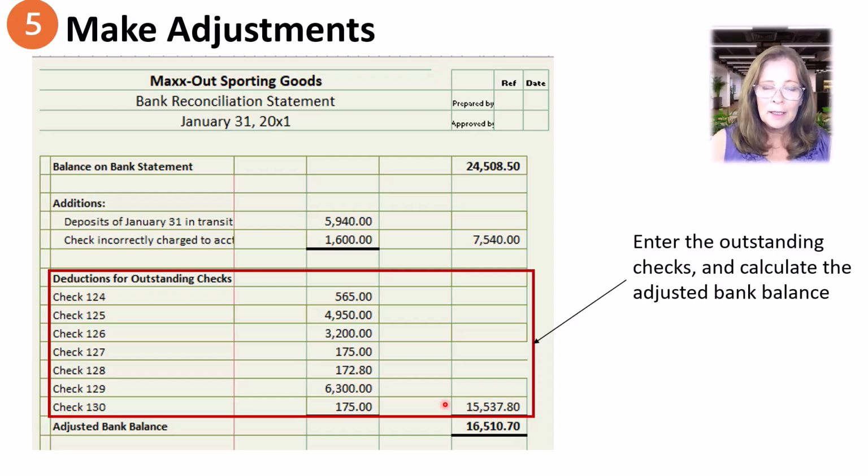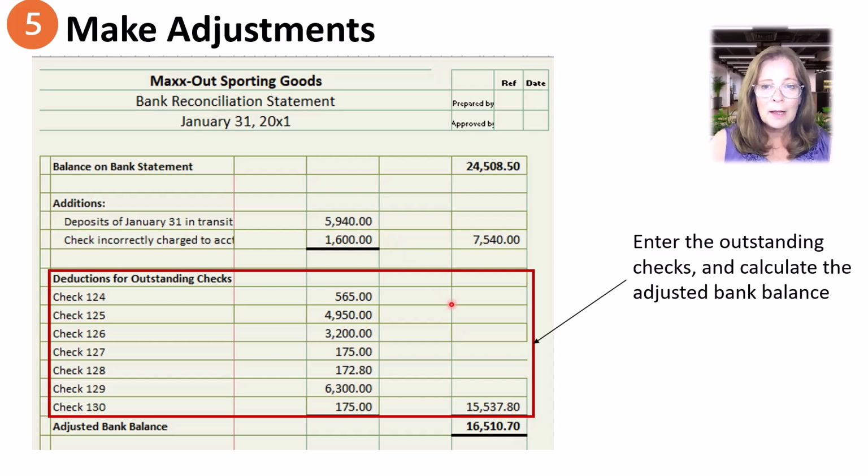Now we can calculate the adjusted bank balance. We start with the ending bank statement balance of $24,508.50. We then add the reconciling items in the addition section totaling $7,540, which consists of the $5,940 deposit in transit and the $1,600 bank error.